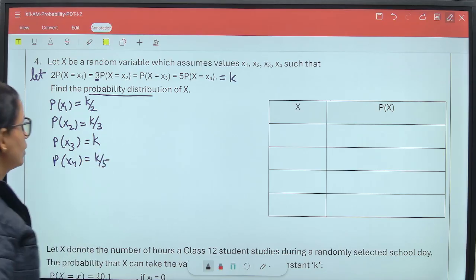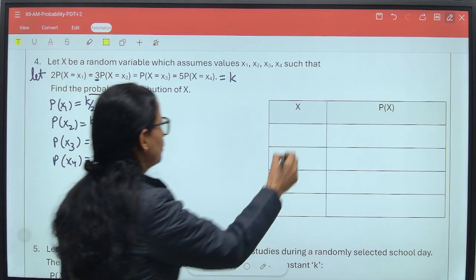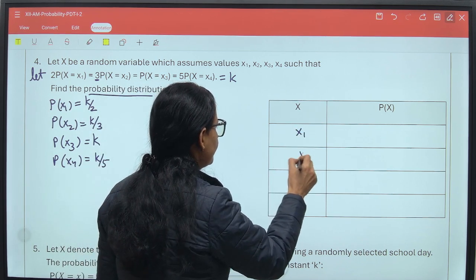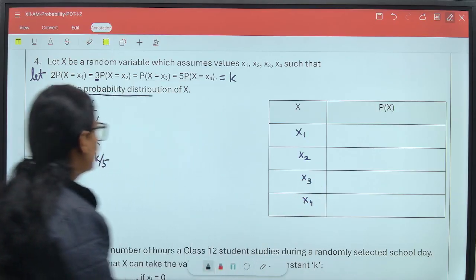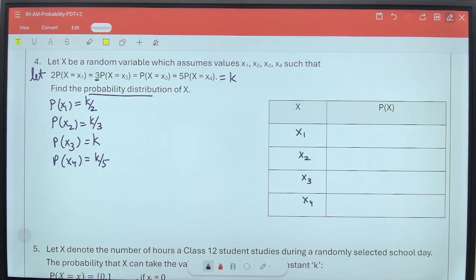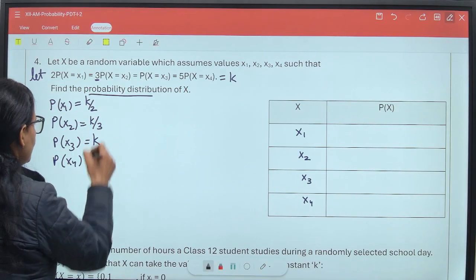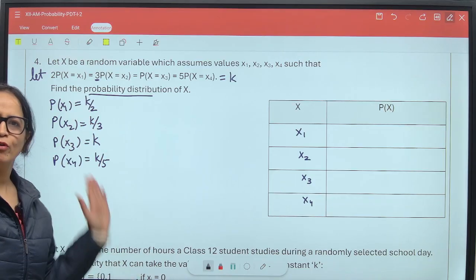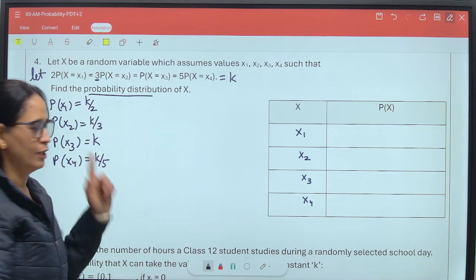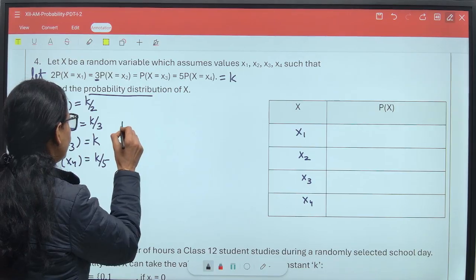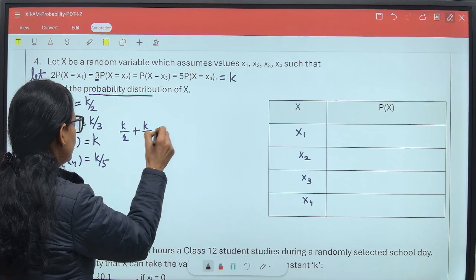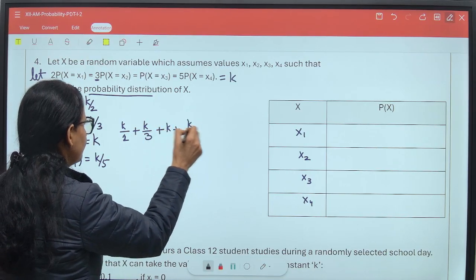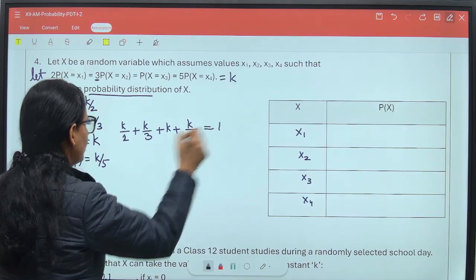Right? So first let's write the possible values of the random variable x: x1, x2, x3 and x4. And now we need to find the probability of each of these values. As we understand, the sum of all these probabilities is 1. So that means if we add all of them, k by 2 plus k by 3 plus k by 5 is equal to 1.